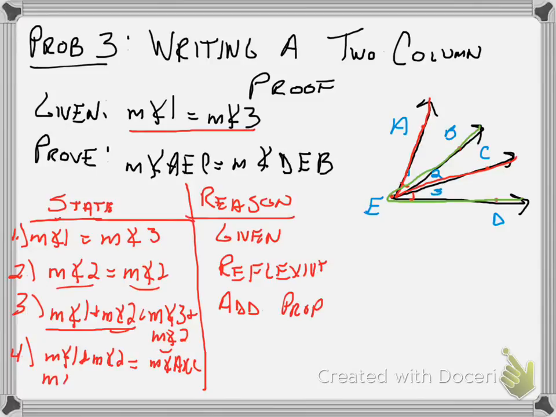And then measurement of angle 3 plus the measurement of angle 2 equals the measurement of angle DEB. How do we do that? Well, what am I doing? I'm adding angles together. So when I'm adding angles together, guess what that's called? That's called the angle addition.